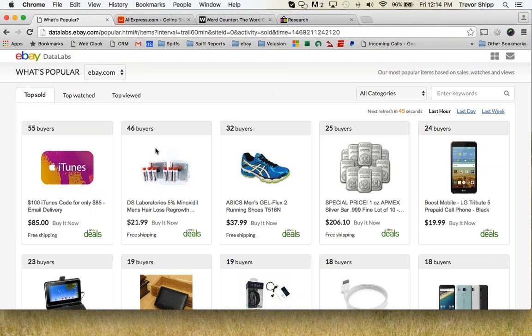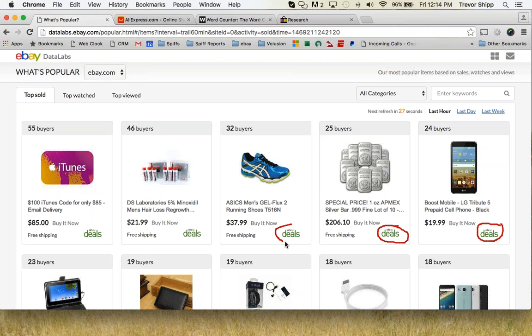First of all, I kind of like this, within the last hour, what's been selling. What I'm going to do is immediately mitigate anything that has this little logo next to it.